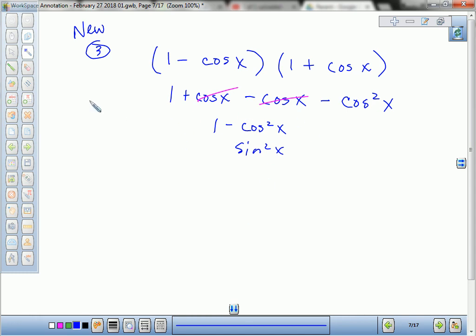Okay, so remember cosine squared x plus sine squared x equals 1. So if I move this over, sine squared x equals 1 minus cosine squared x. I solved for it. Alright?